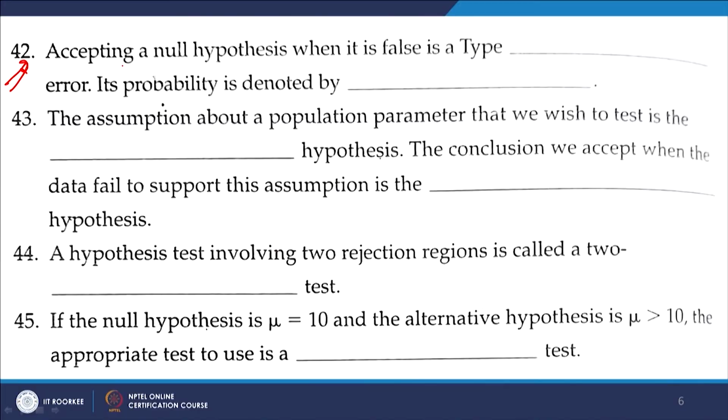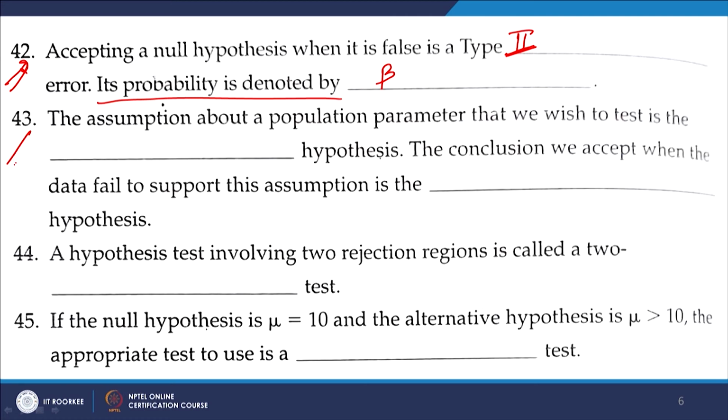Type 1 error is rejecting a null hypothesis when it is true, but here we are accepting a null hypothesis when it is false, which is a type 2 error. It is not type 1 error. Its probability is denoted by alpha or beta? Alpha is type 1 error, so this is beta.